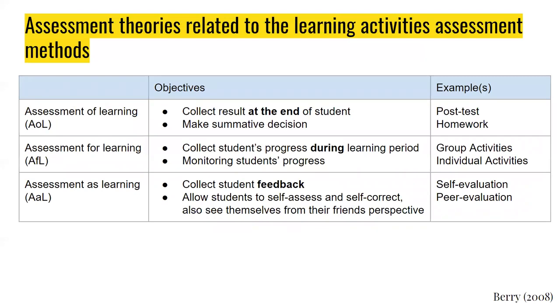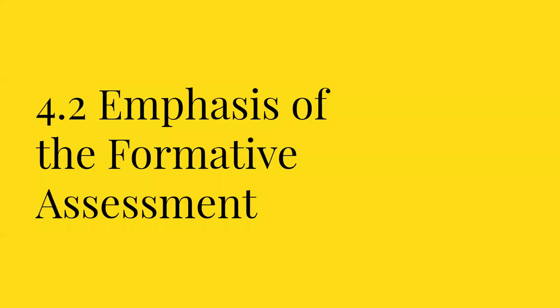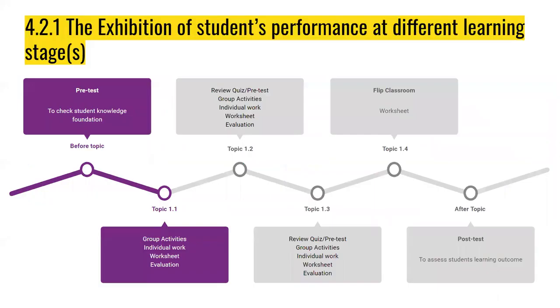About the assessment theories related to the learning activities and assessment methods, of course, assessment of learning, assessment for learning, and assessment as learning. The objectives here are about the properties and also the timing, and what we have used to achieve these theories, which are listed on the right. The emphasis is on formative assessment, of course.